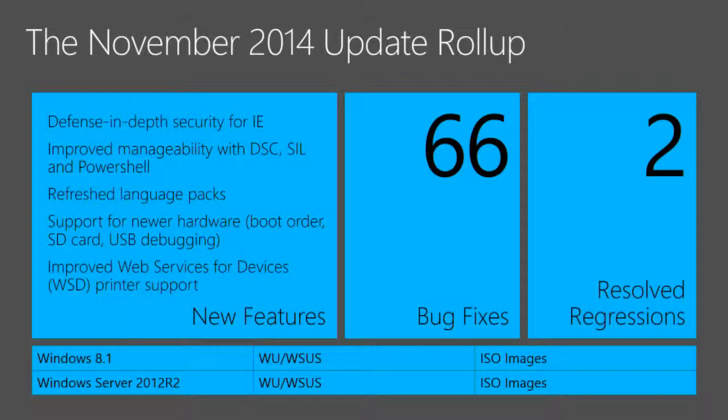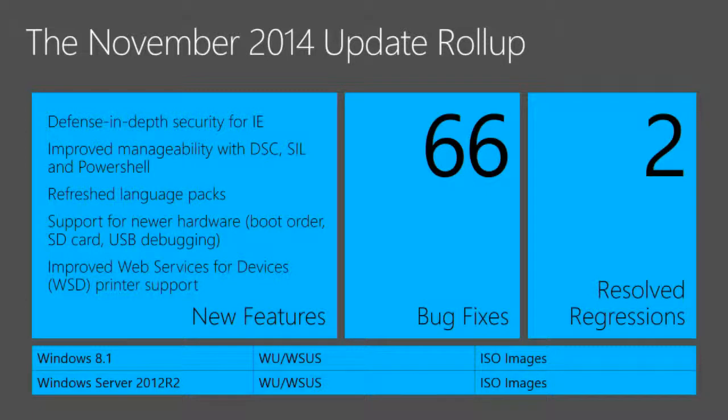In November, we released another significant update roll-up that included significant new features, including defense in depth for Internet Explorer, new technology that is user mode only around Internet Explorer in Windows 8.1, 2012 R2 in November. It's in the entire OS in Windows 10, and it hardens the operating system and would have mitigated hundreds of IE vulnerabilities prior to that release.